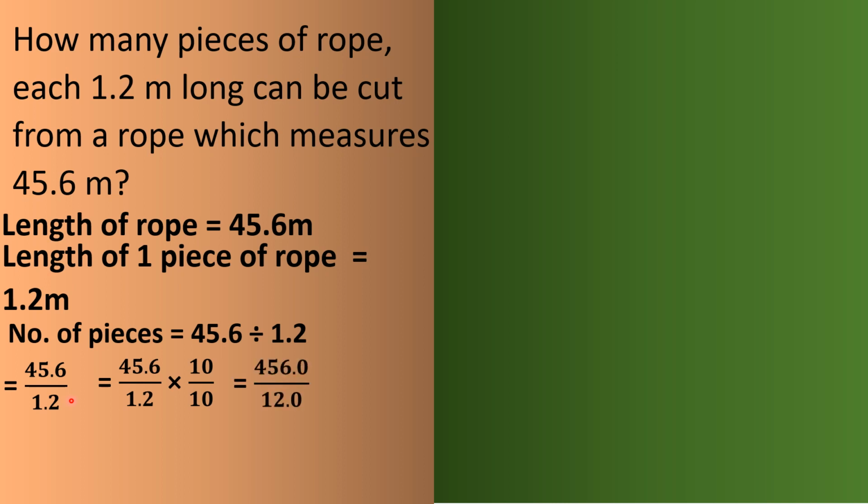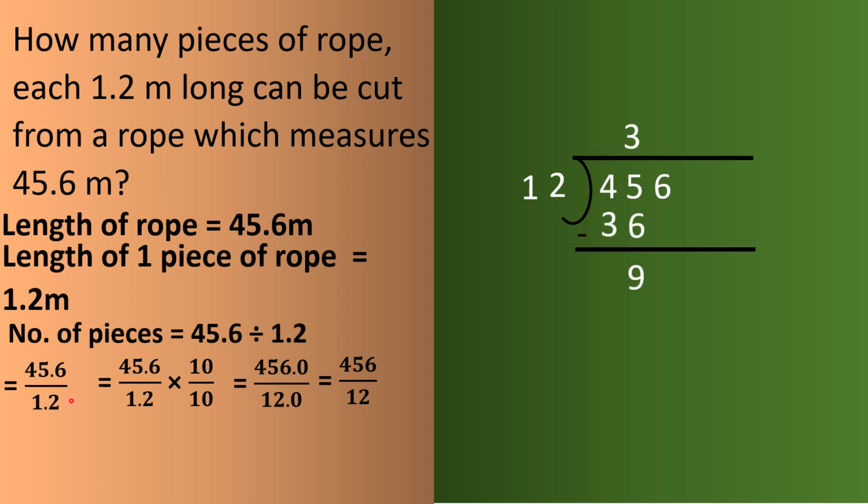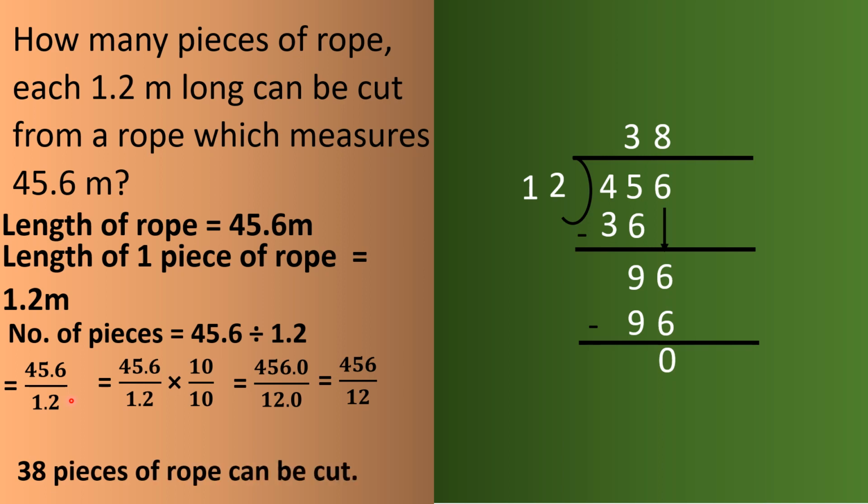We will get 456.0 by 12.0, or we can write it like this also, we can divide 456 by 12. So let us divide by 12. 12 threes are 36. We will subtract it. It is 9. We will write down 6. 12 eights are 96, and after subtraction it is 0. It means how many pieces? 38 pieces of rope can be cut.